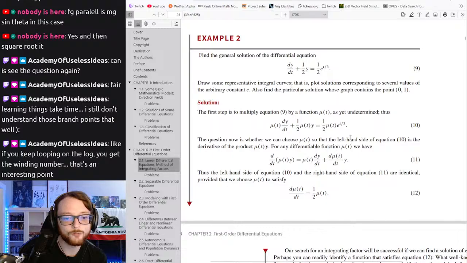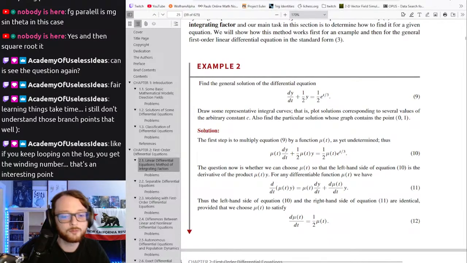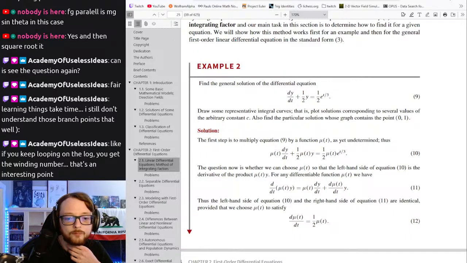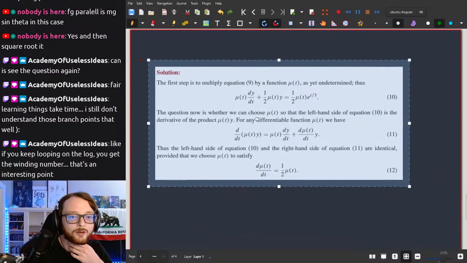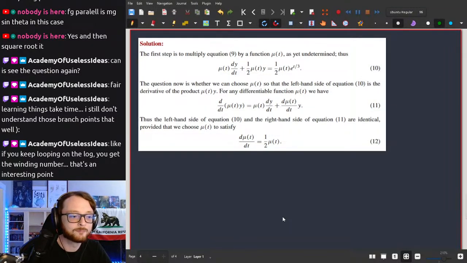You know what? Just from that, can I continue the example without looking at it? mu prime over mu is equal to 1/2.